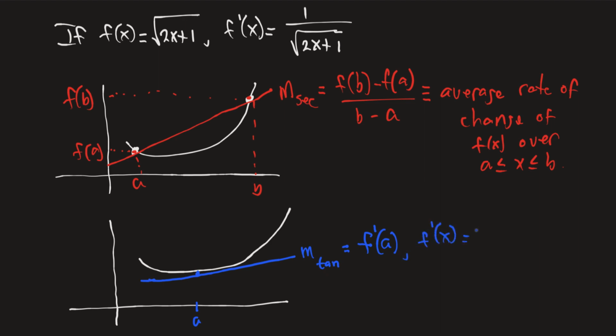We first do this derivation process, using the limit of our difference quotient. After finding f prime, we can then plug our x value in, and that will give us the slope of our tangent line.